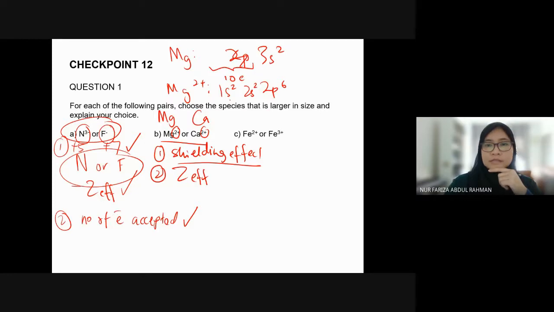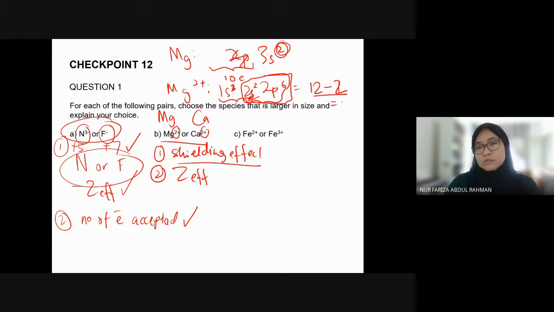Right? This is Mg2 plus. For 12 protons, its Z effective will be 12 minus the core electrons for Mg2 plus. Minus 2, because this is now the valence, since we removed that one earlier. 12 minus 2 is equal to +10.